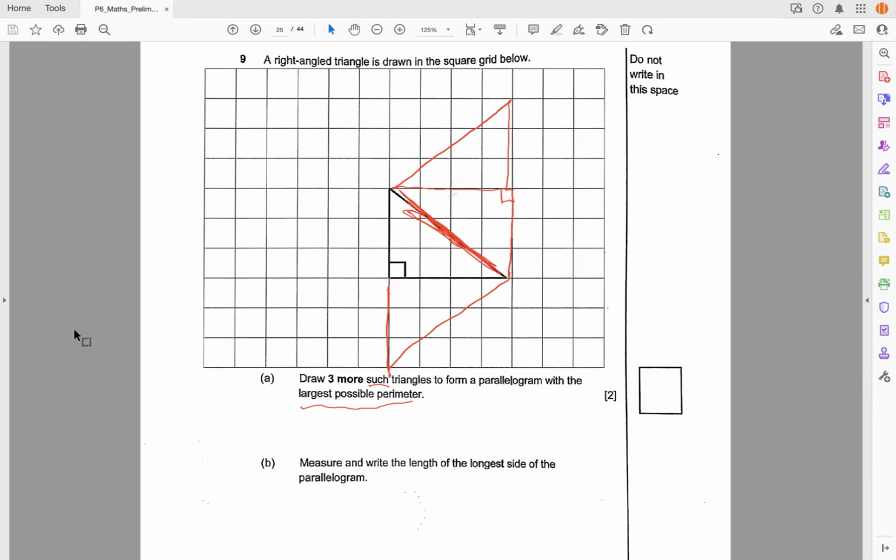How to draw so that all the hypotenuses are exposed? This is how you draw it. One triangle here, and then another triangle here, and then draw another one here.